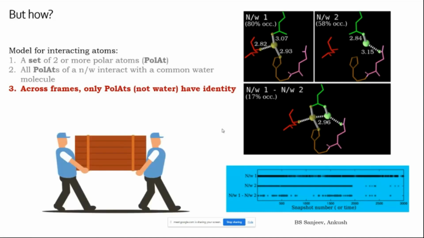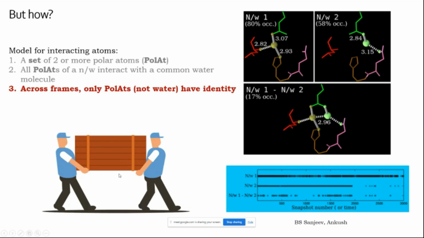For example, you want to find if two people are working together or not. They could be transporting some packages together. It does not matter which package they are transferring, because in a day they might be transferring 100 packages, but they're always doing the same work. They're spending a significant amount of time together doing an activity where they're transferring packages.